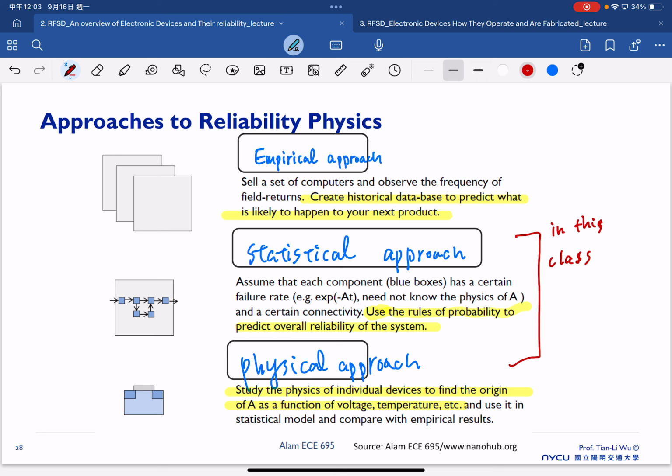Because the empirical approach is basically just collecting data, like a big data approach. You just collect all the data and try to find a way to fit all this data. That doesn't give us a certain physical meaning, but here we more consider using the statistical and the physical approach.